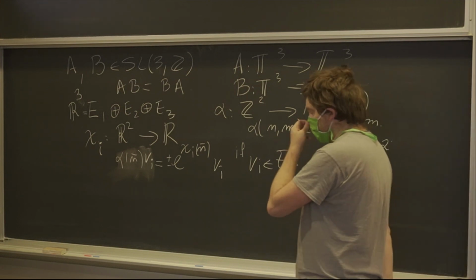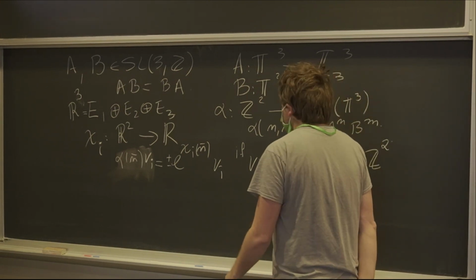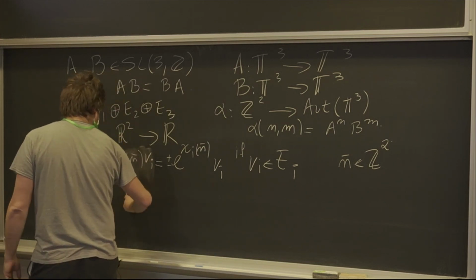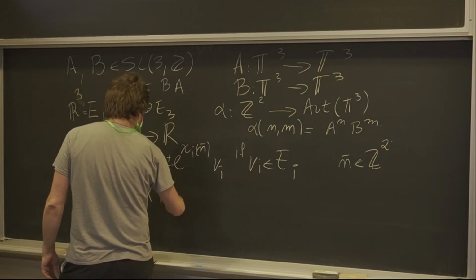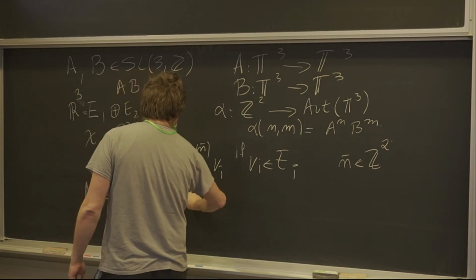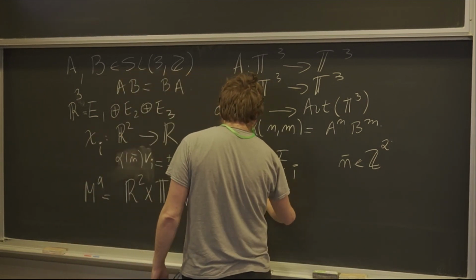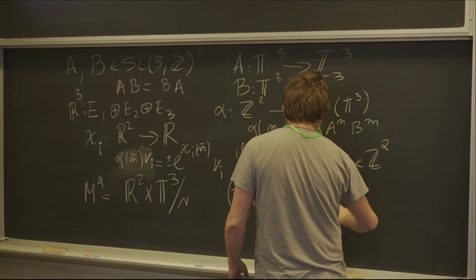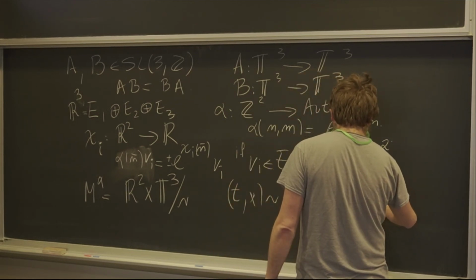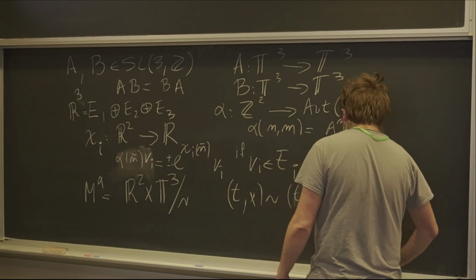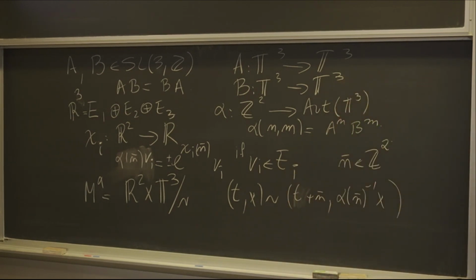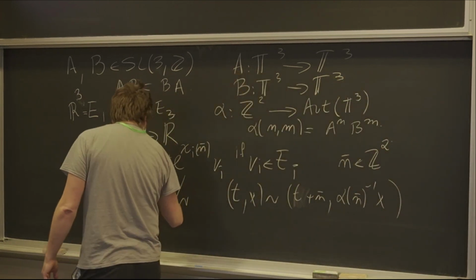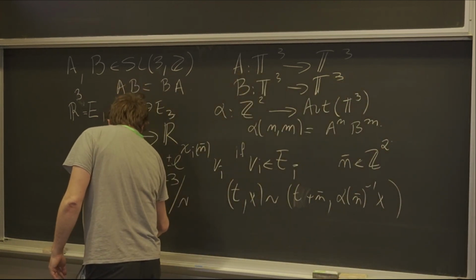So we do then the corresponding suspension M alpha, which equals R2 times T3, quotient by the relation where (t, x) is related with (t plus n, alpha of n inverse times x). So this is a 5-dimensional manifold which has fibers equivalent to T3, and it fibers over T2.